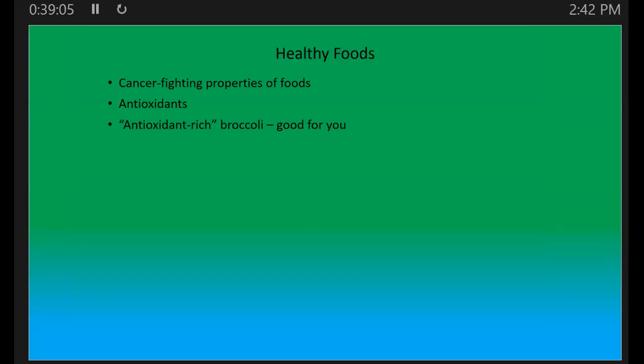At least one of the readings I stumbled on, and I've read two others that back this up, asks, why is broccoli really good for you? And it turns out it's because of some of those secondary metabolites that the plant, in this case the broccoli, might make to defend itself against something eating it.